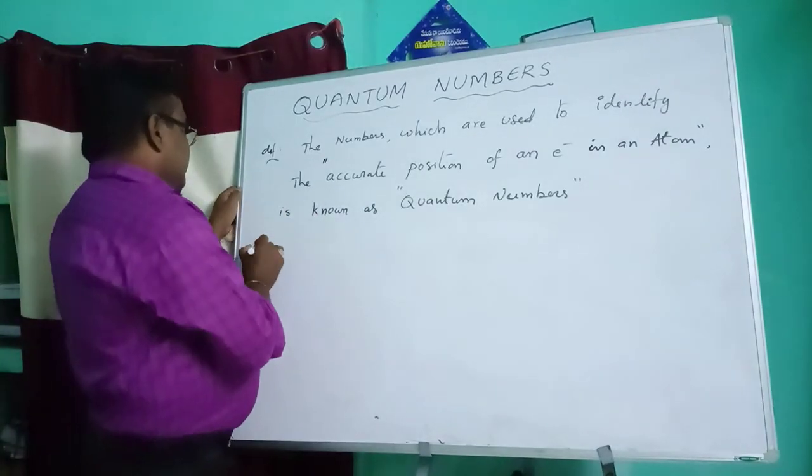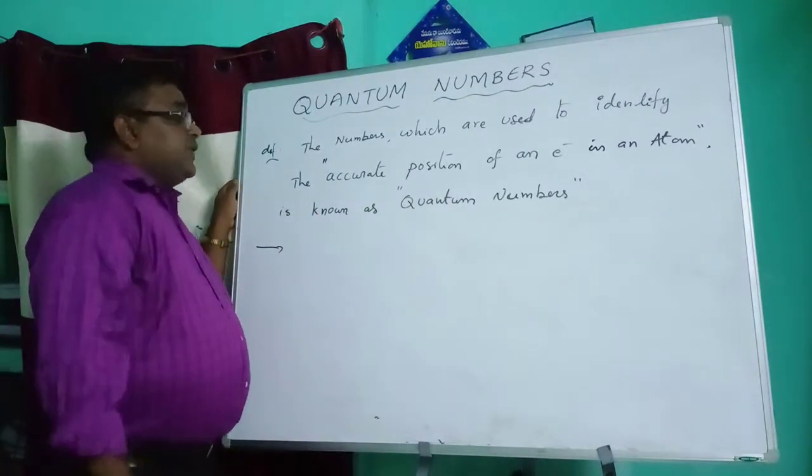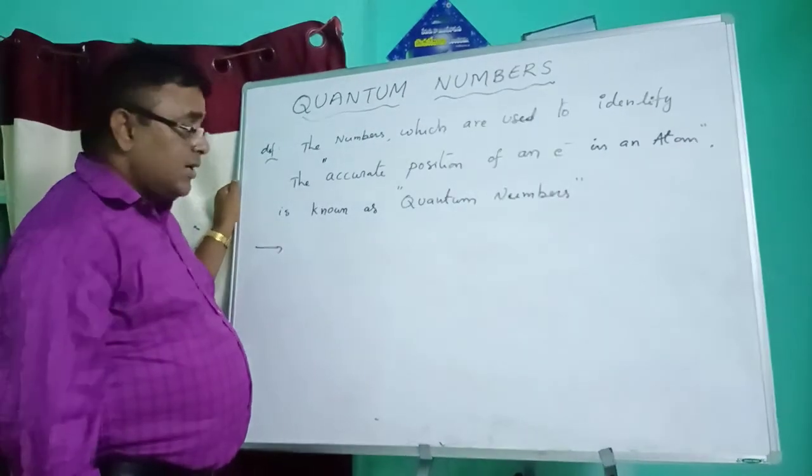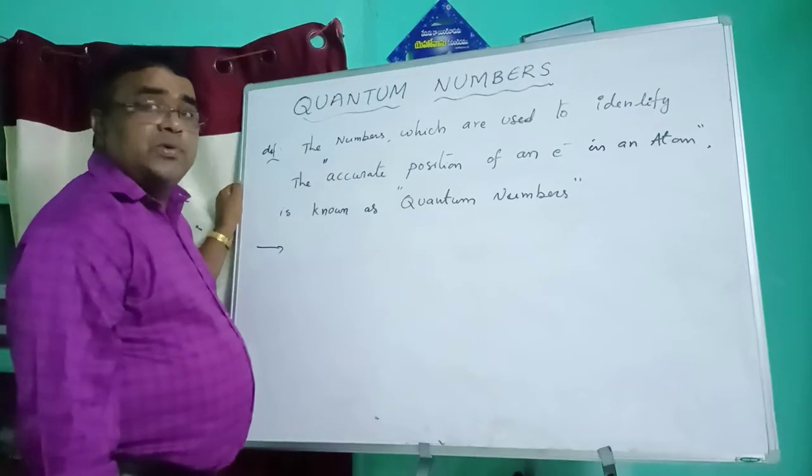So, to identify the correct position of an electron in an atom, scientists proposed 4 quantum numbers.